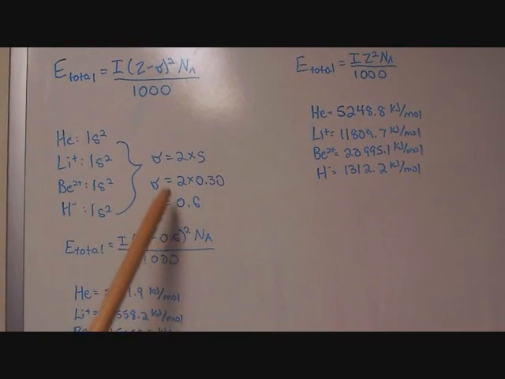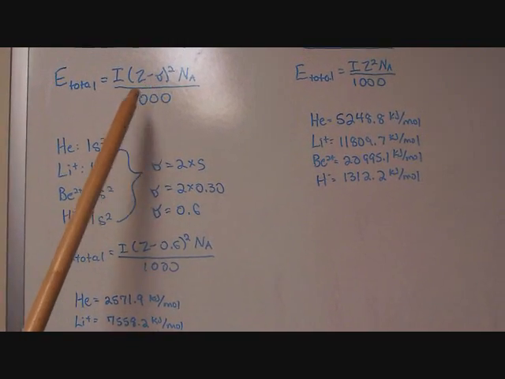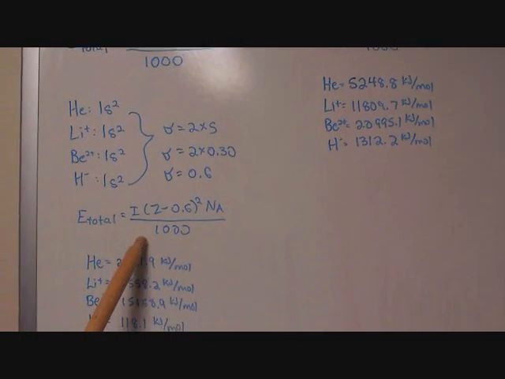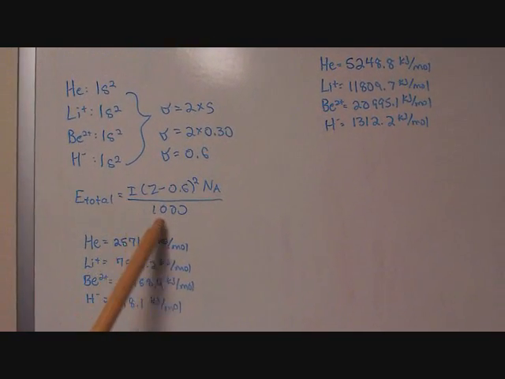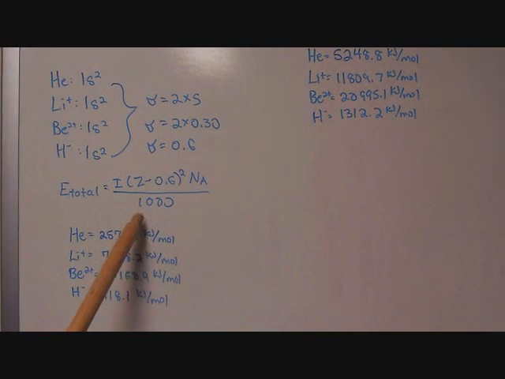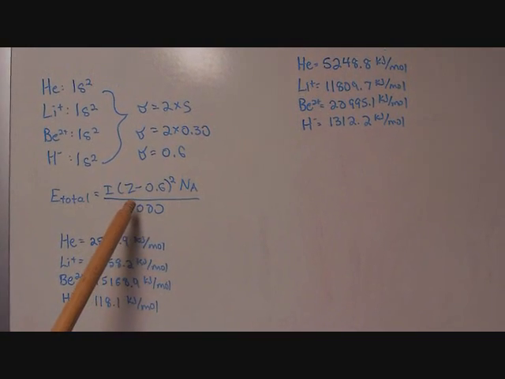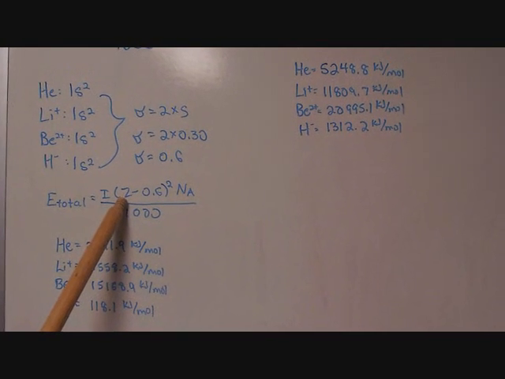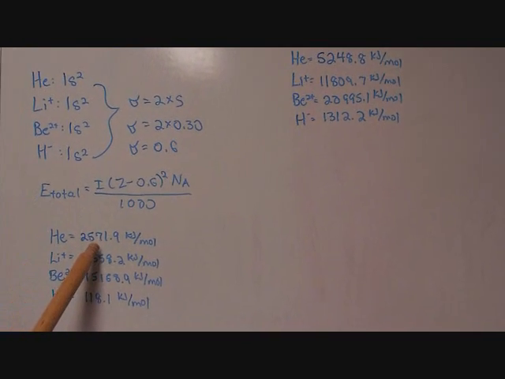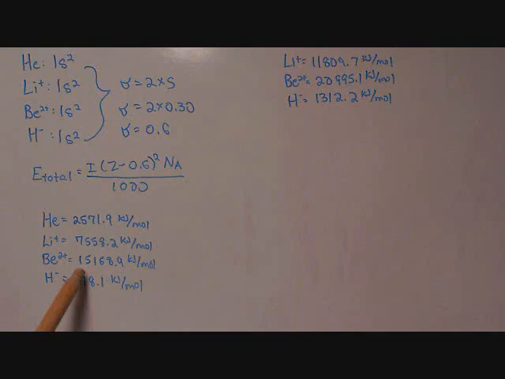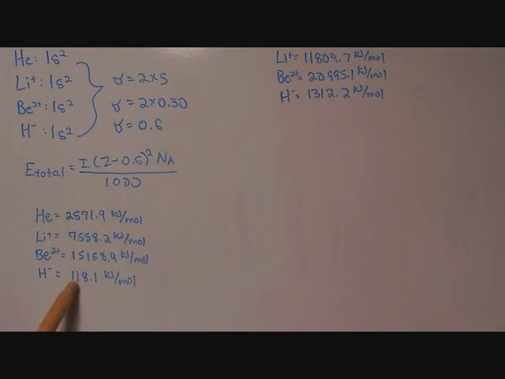Now plugging that in for sigma in our general equation up here, we find that for each of these atoms, this is the first ionization energy equation. Now all we have to do is substitute in the nuclear charge for each of these atoms, and we find the first ionization energies of each respective atom.